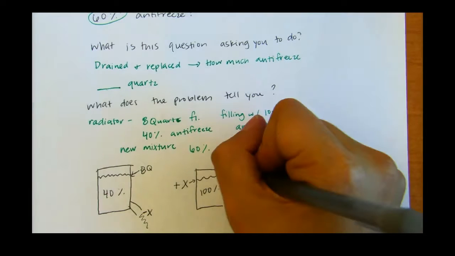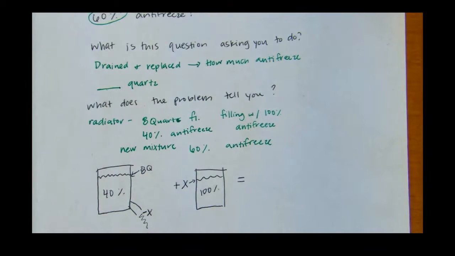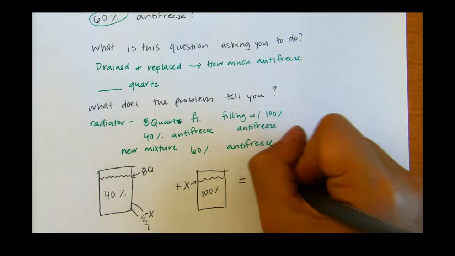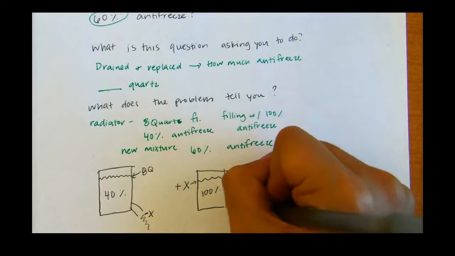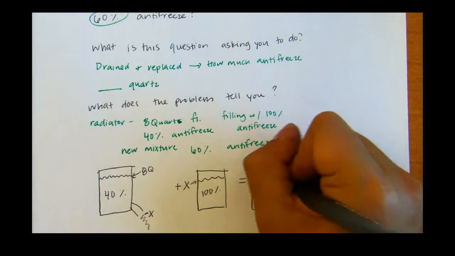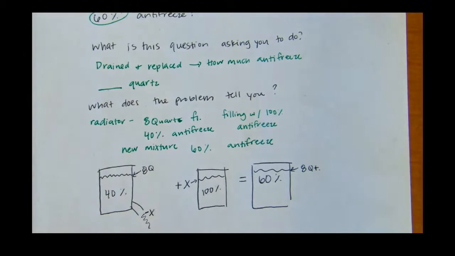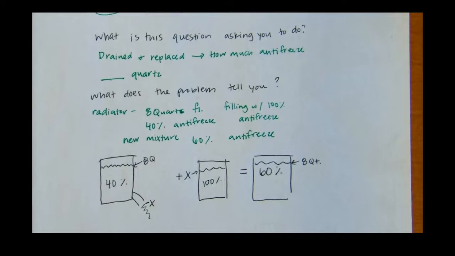So that in the end, I've got a 60% antifreeze solution that's back at my 8 quart line. So I've got a 40% mixture. I'm taking away some amount of it and replacing that amount with 100% antifreeze to get a 60% solution.